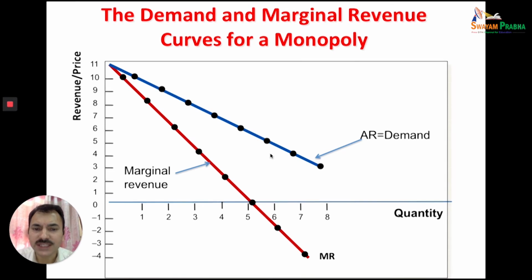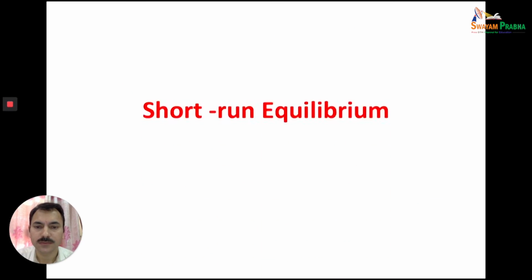Monopoly has a steeper, less elastic demand curve, whereas monopolistic competition will be more elastic. Although the shape will be almost the same, the difference in steepness will be in the elasticity of the AR curve and MR curve. Monopoly is less elastic, more steep as compared to monopolistic competition.